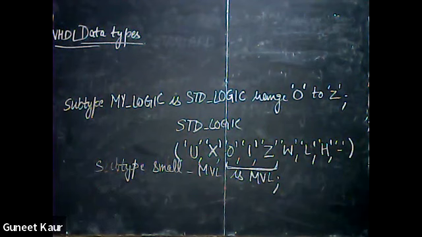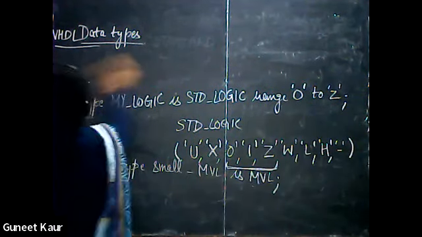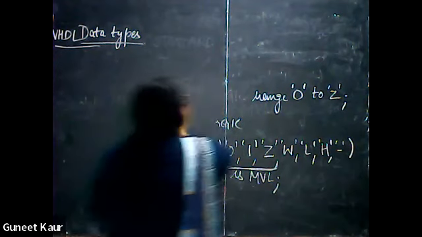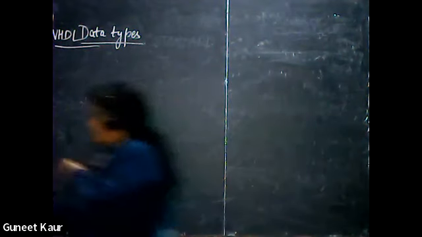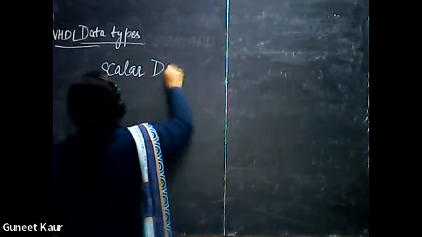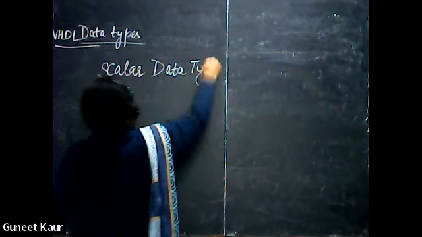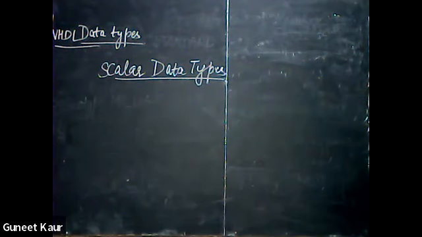Next I am going to explain the scalar type. Now, further going, the first data type is scalar. As you know, the scalar data type is further divided into 4 data types. The values belonging to these types are ordered.